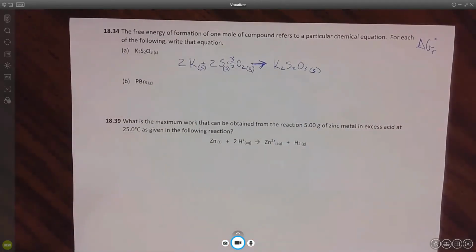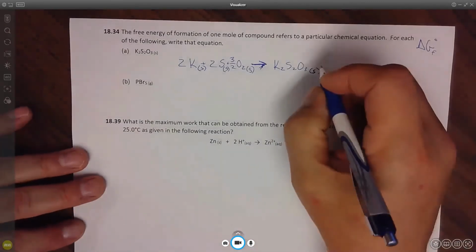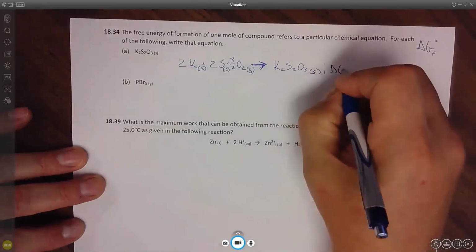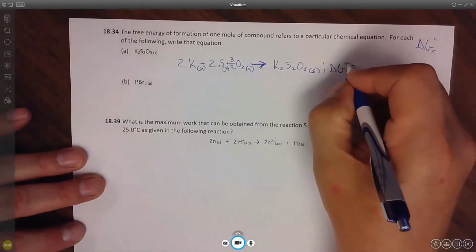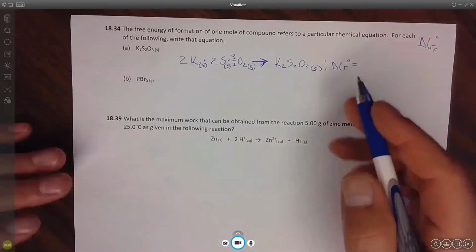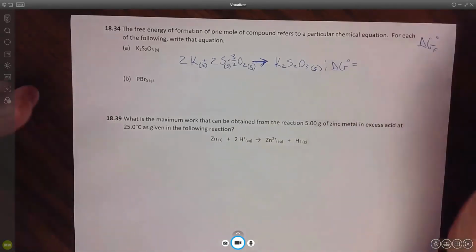And if I wanted to make this a balanced thermochemical equation, let me see if I have that value. I do not. I'm making up a number. This number is completely bogus so that you all know. I would simply say that del G, at standard temperature, is some value.